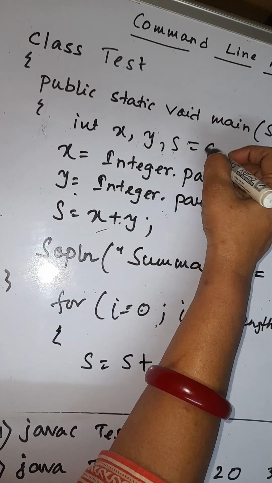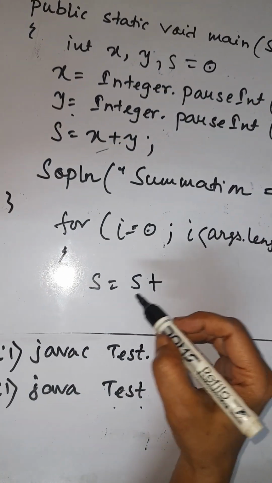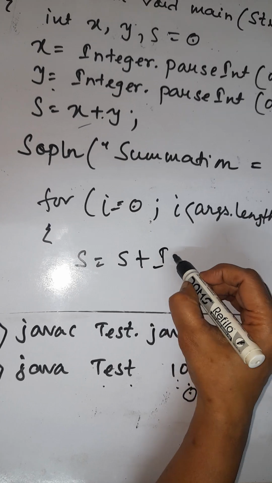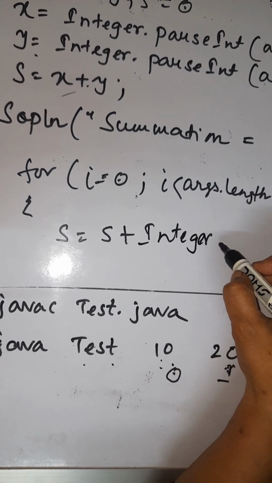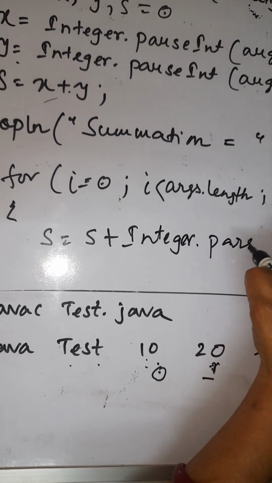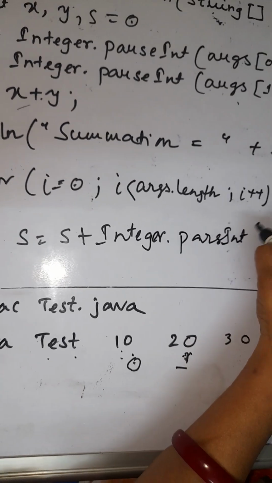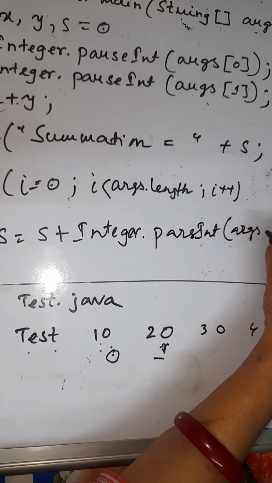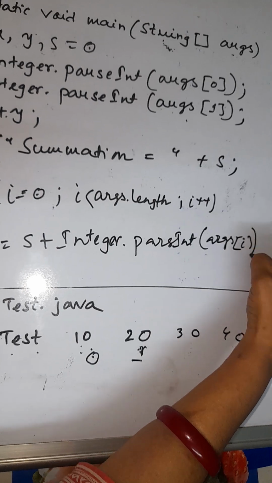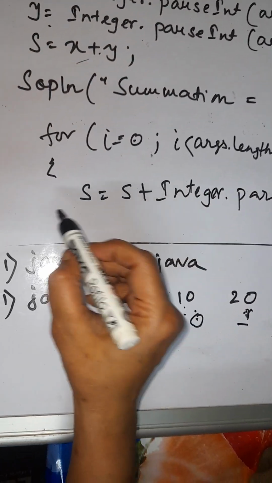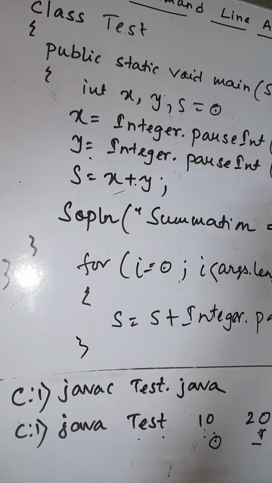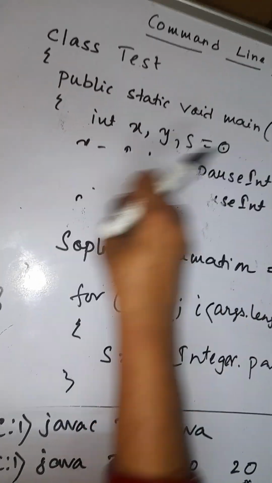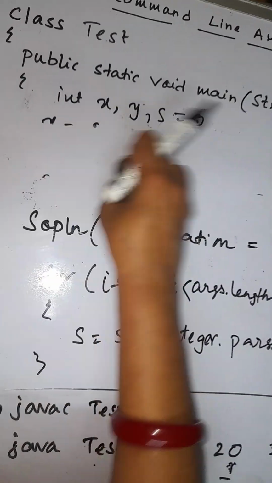At the first time it will store s equal to 0, and then s equal to s plus Integer dot parseInt. Why? You should convert it. Integer dot parseInt. Which one do you want to convert? That one is args i. Clear? So it will do the summation of the values which you pass through the command line argument.